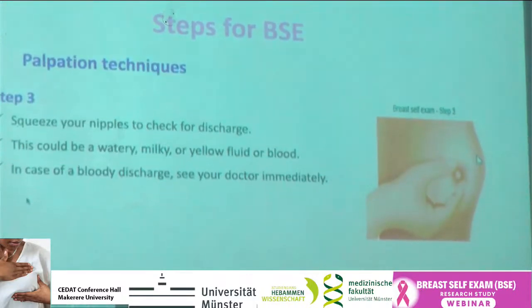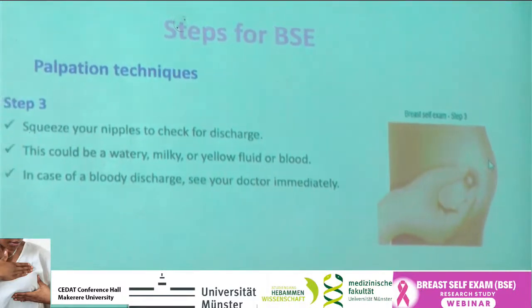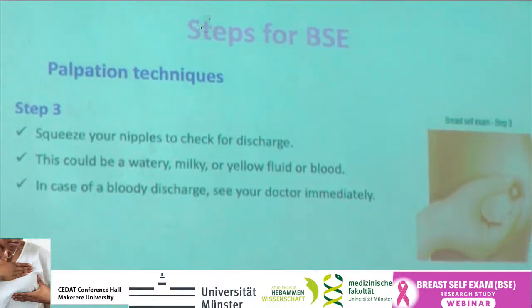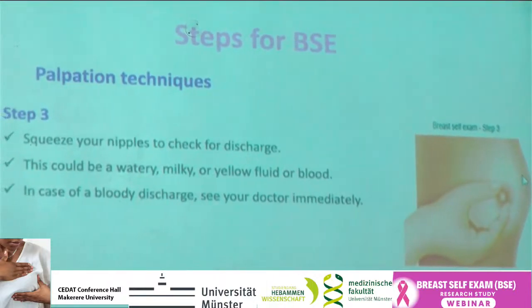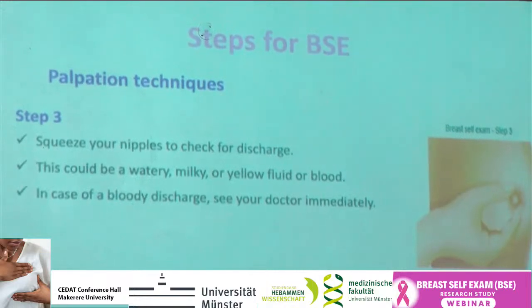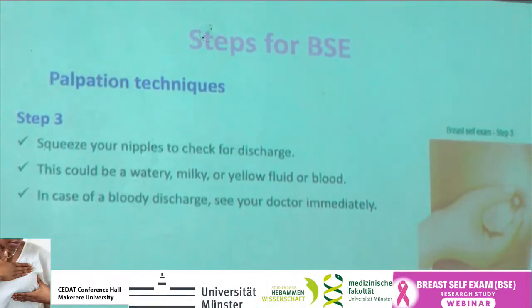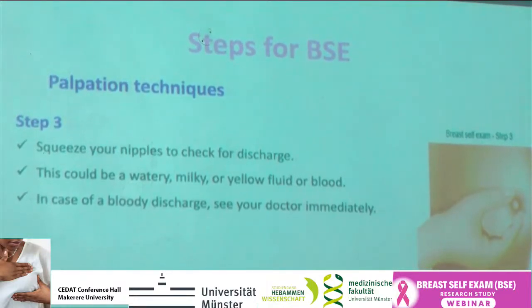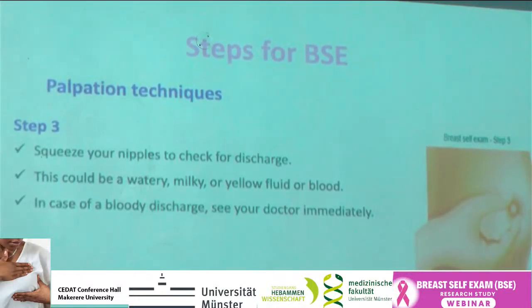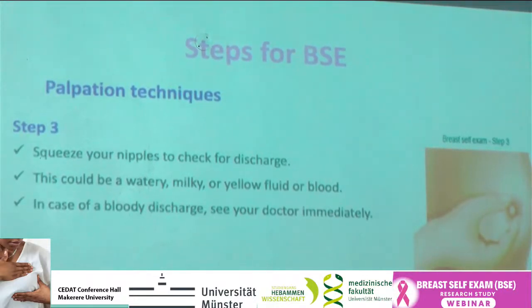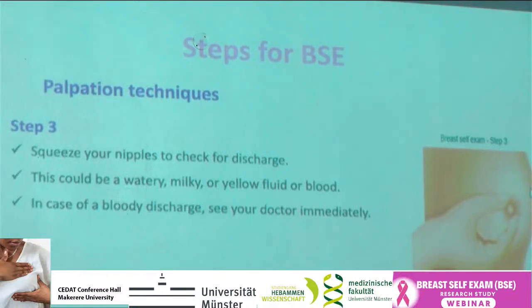The third step in the palpation technique: squeeze your nipple to check for discharge. This could be watery, milk, yellow fluid or blood, depending on whether you are pregnant or not, or breastfeeding. So you have to take this into consideration.